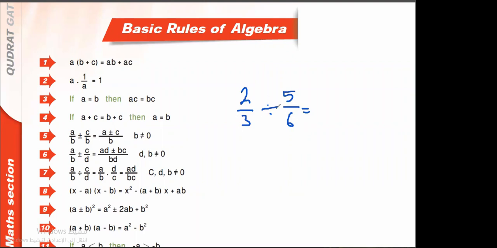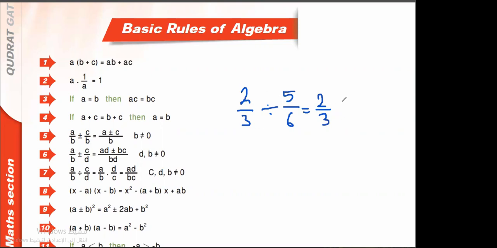Because you compare this division to what? To multiplication. Yes, you compare division to multiplication, right? 5 over 6. Yes, to make multiplication. You can write it like this, 2 over 3, and this division, you must what?